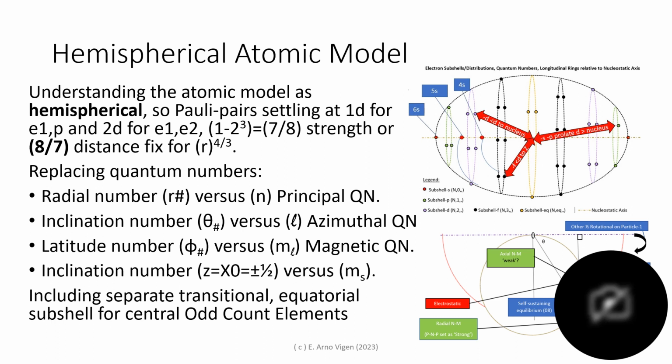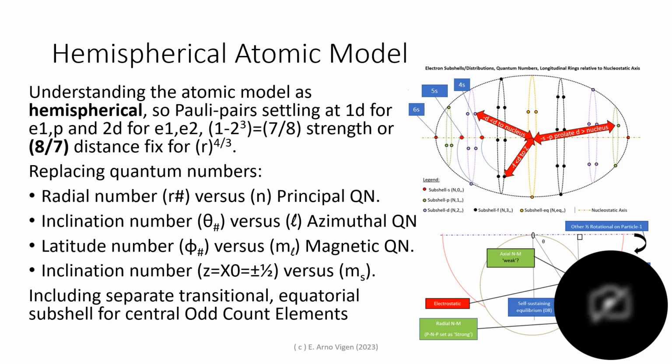That basically makes those longitudinal rings not really as much clouds, but more like ring springs with a set logic where they're all locked in these longitudinal rings, matching one hemisphere and the other hemisphere, growing from 1 at the pole, that's subshell S, then 3, then 5, then 7, with the addition of an equatorial when you have odd counts, which is not in any side, so it doesn't have to have the offsetting matching pair. You can get full subshells only when you have an equatorial. And so the odd counts have this extra matching one.